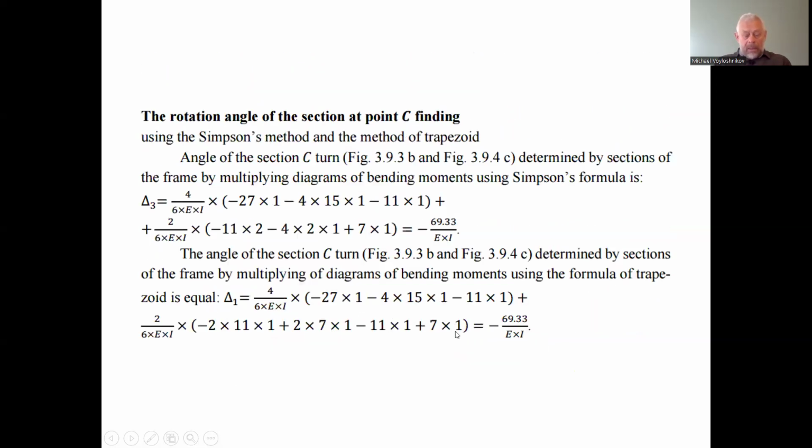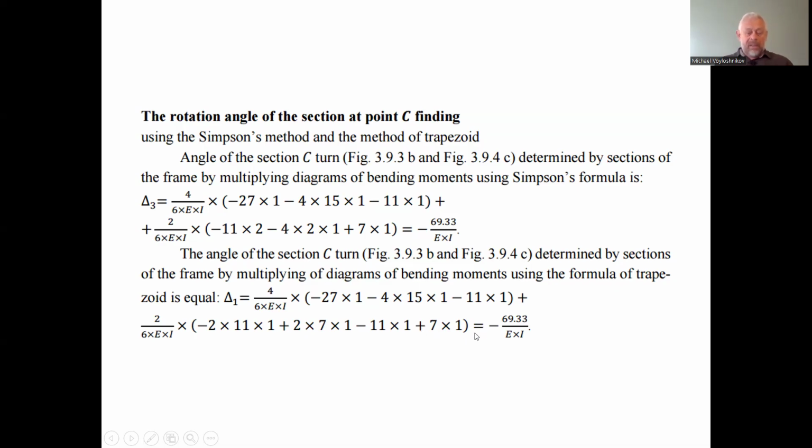And we have minus, which comes from 1 being opposite. And we have plus. Plus is because these two magnitudes of the bending moment, under the action of the external force and under the action of the unit bending moment at point C, are both of minus sign. So the product of two minuses gives us plus.